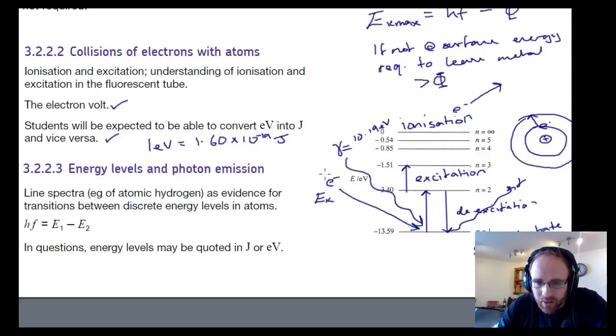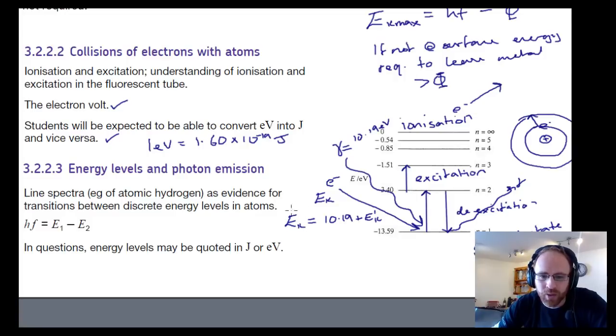However, this one can have an energy of anything it likes, really. It will impart 10.19 electron volts. So if we start with a kinetic energy, that's going to equal 10.19 plus the new kinetic energy of that electron.